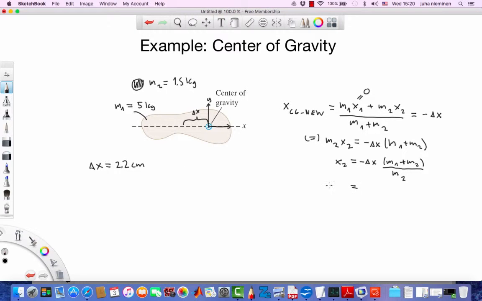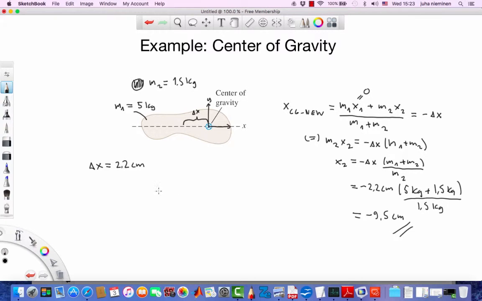We want it to be 2.2 centimeters to the left, so minus 2.2 centimeters times m1, that's 5 kg, plus m2, 1.5 kg, divided by m2, 1.5, and that gives us minus 9.5 centimeters to the left.